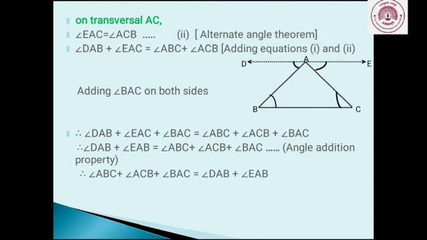As angle DAB and angle EAB form a linear pair, therefore angle DAB plus angle EAB is equal to 180 degrees.